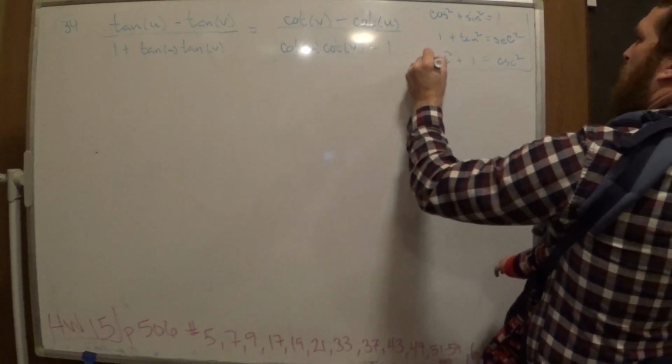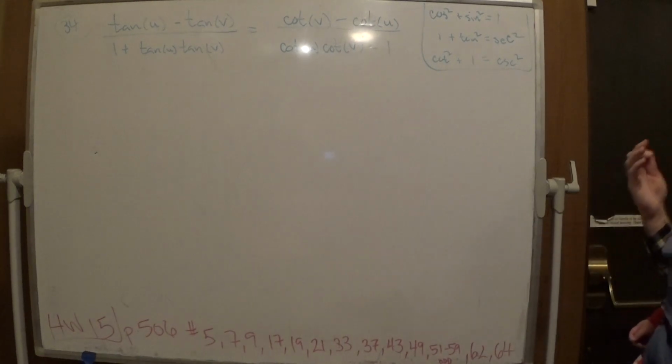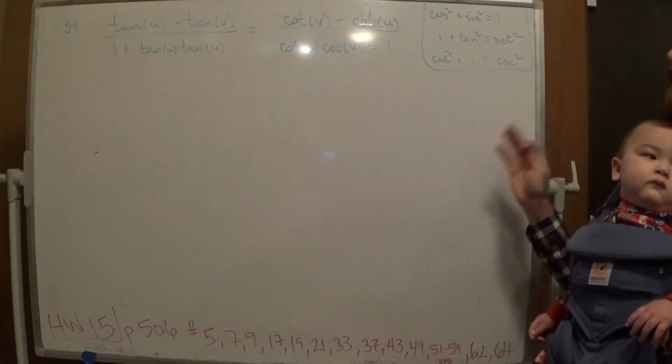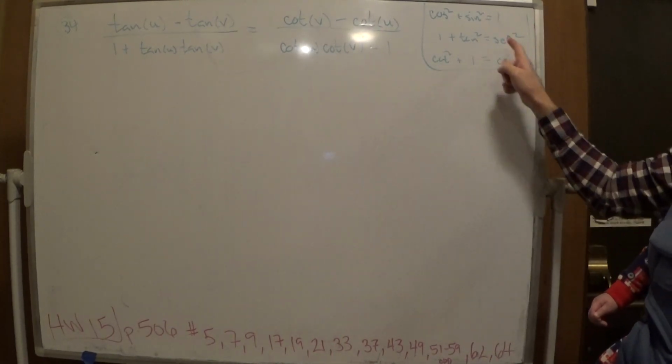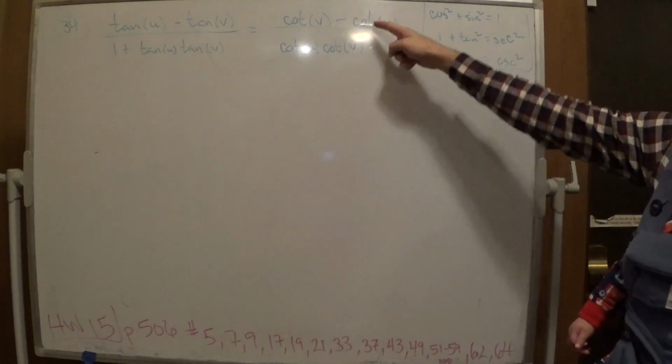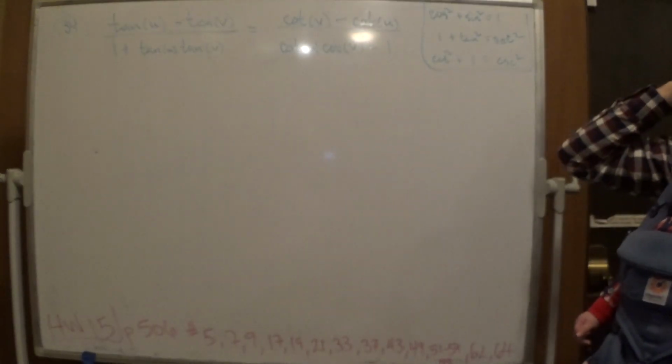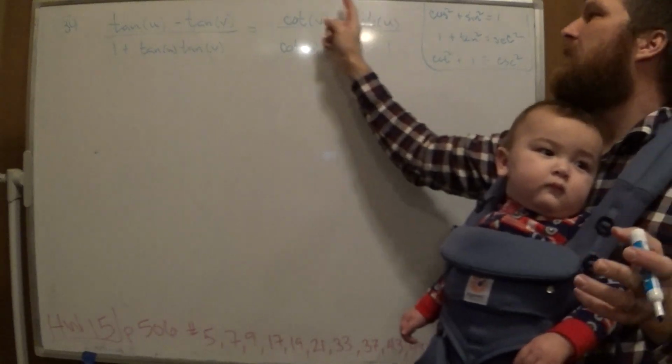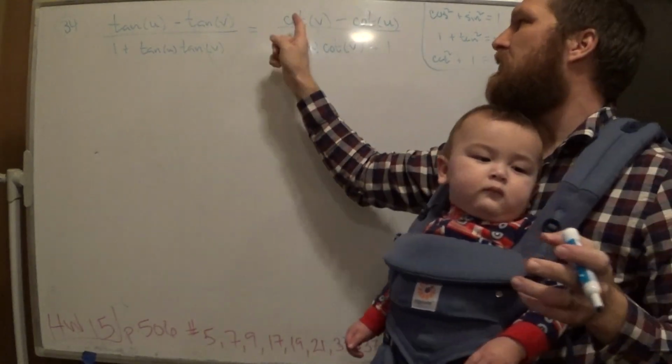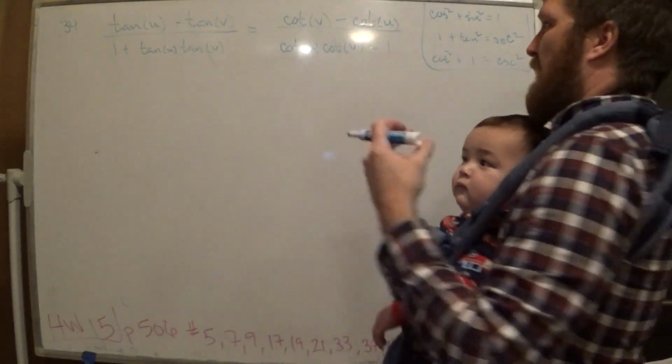You're going to have to use these a bunch. But notice we don't have a tan and a cotan together, so that's not going to help me. So I'm going to take this one and turn it into just tangents, and that's where I'm going to start.